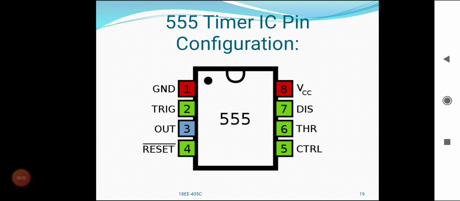The 555 timer IC pin configuration is as shown in the slide. Pin 1 corresponds to ground, pin 2 is the trigger input, pin 3 is the output, pin 4 is reset complement, pin 5 is the control signal, pin 6 is the threshold input, pin 7 is discharge, pin 8 is VCC.